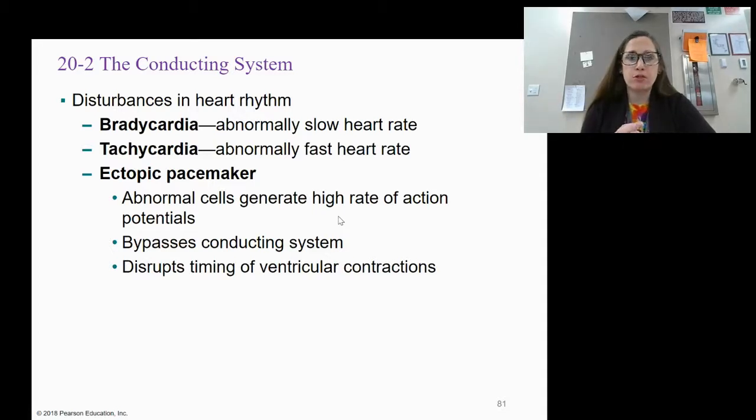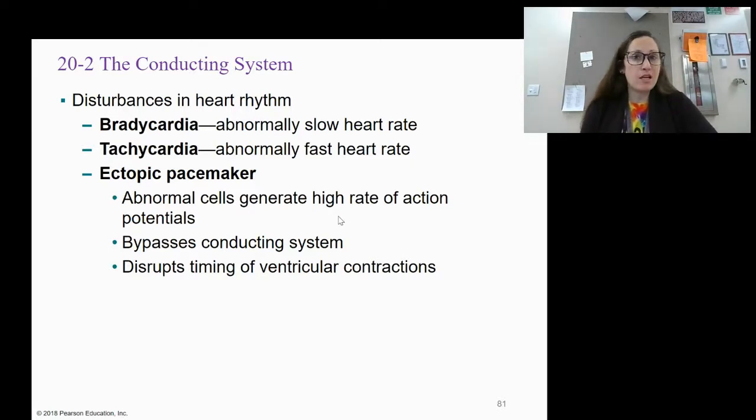But there are two general terms for heart rhythm irregularities or arrhythmias, bradycardia or tachycardia, or being bradycardic or tachycardic. When someone has bradycardia or they are bradycardic, it means that their heart rate is slow. So some initiating factor within that SA node is failing. And so they are not regulating the proper 60 to 100 impulses per minute.